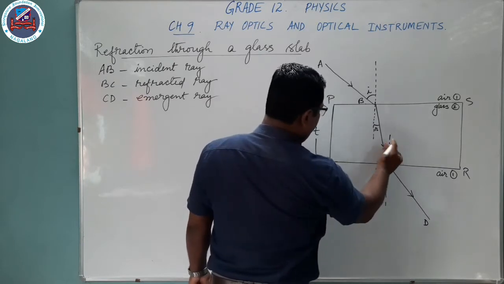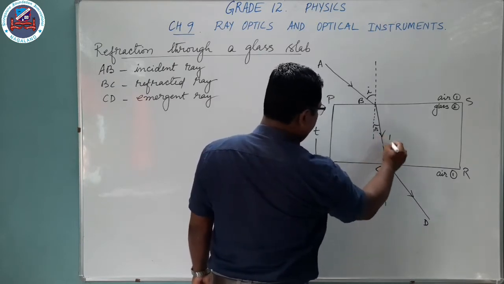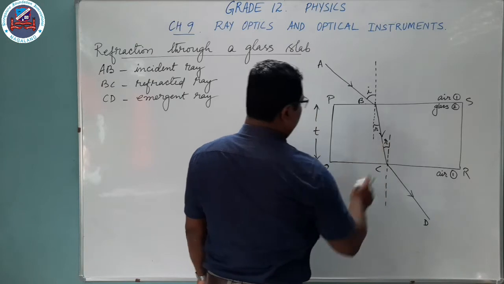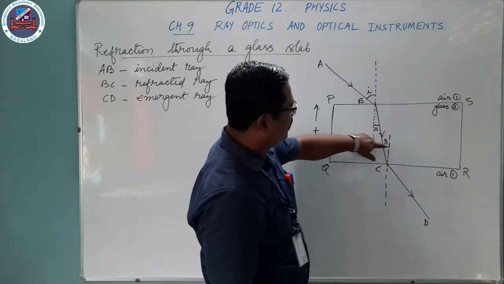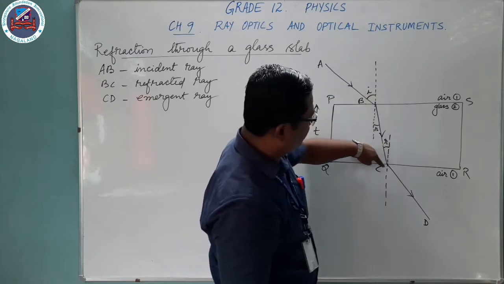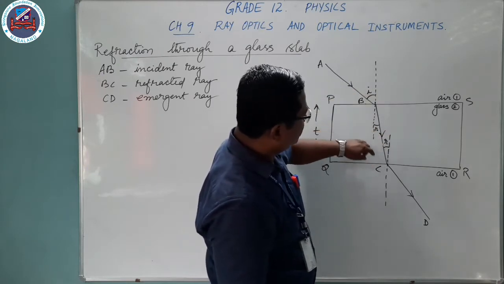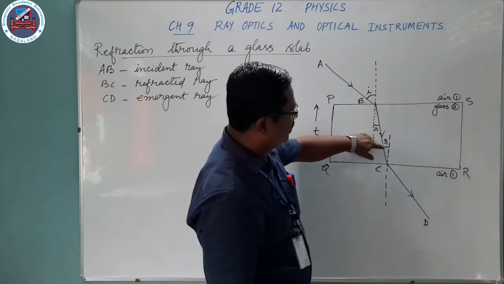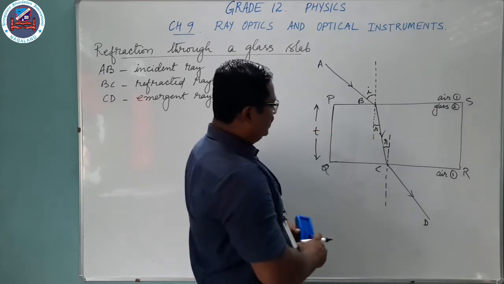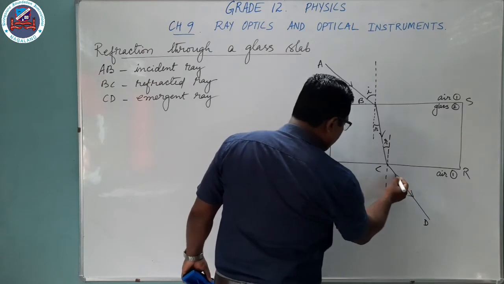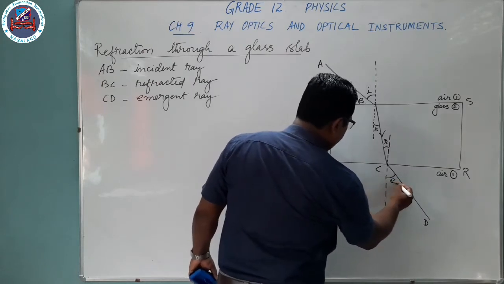Here one more angle of refraction you can get, this one. Sometimes it is written as R1 and R2, but both of them will be equal because these two normals are parallel to each other, so alternate interior angles are equal. So I am writing R in both cases. Now the angle between the emergent ray and the normal we call the angle of emergence.